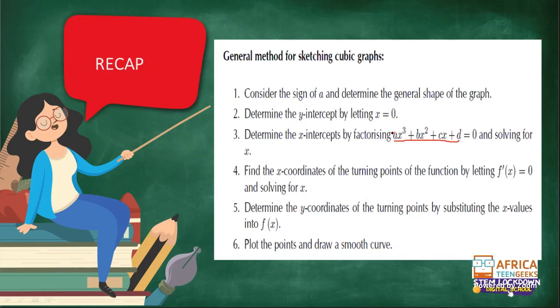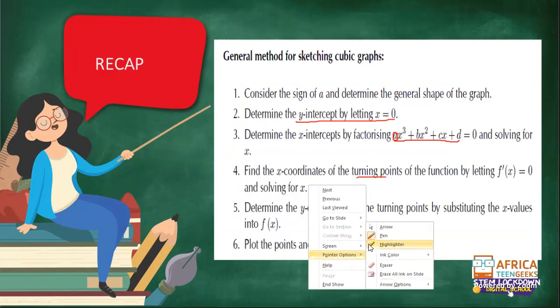So we would consider the sign of a to check if it's greater or less than 0 as an idea of what the graph will look like. And to help us plot the graph, we need to determine the y-intercept. In that case, we let x equal 0. And then we also had to determine our x-intercepts, our turning points, and draw that graph.